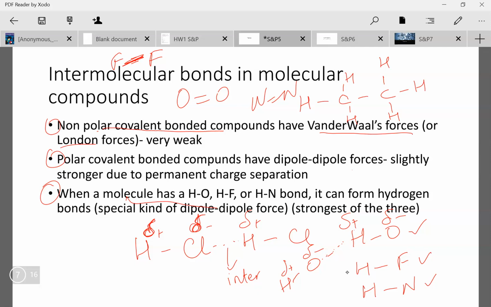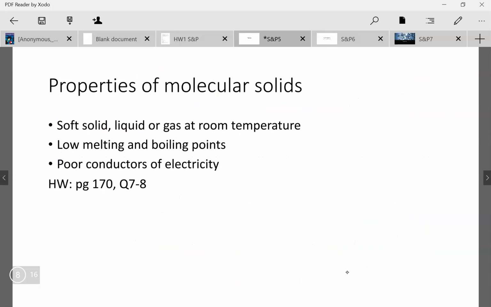And again, this directly corresponds to trends in the melting point and boiling point, right? Because the stronger the bonds, the higher the melting point. Although the trends correspond, and with hydrogen bonding water has a high boiling point, this is all relatively speaking.